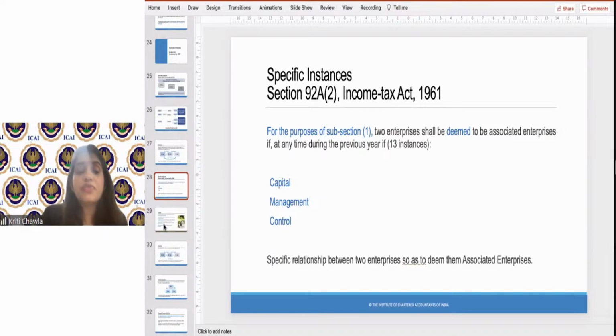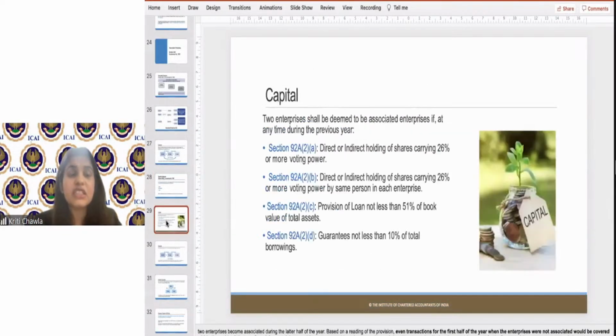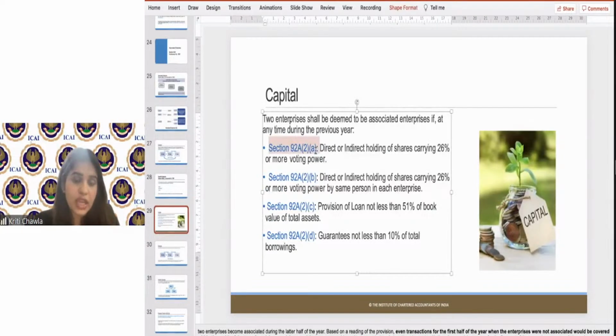So we'll go into the first instance. What is section 92A2 first talk about? What is the first instance that they have provided? The first instance is provided under section 92A2A, which says that two enterprises shall be deemed to be associated enterprises if at any time during the year there is direct or indirect shareholding of 26% or more voting power.